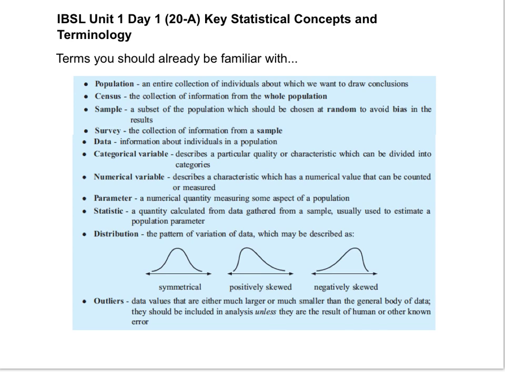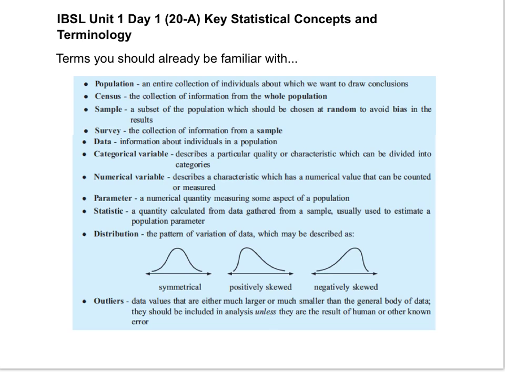For instance, if we're categorizing you guys by what color hair you have, that's not a number, that's just blonde, black, brown, red, whatever. They're categories. Numerical variables are characteristics that have a numerical value, okay?